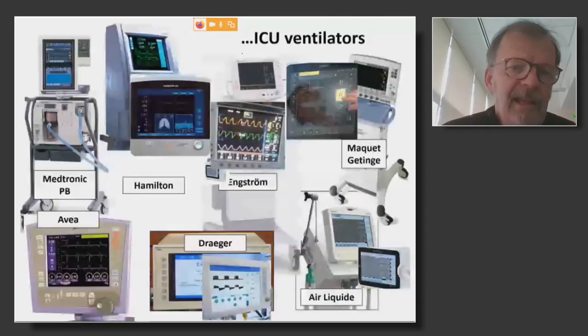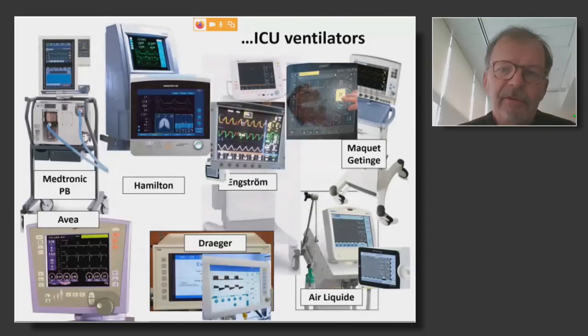The main characteristic of ICU ventilators is that they display waveforms on very visible and intuitive interactive screens. And since we have these screens and we see these waveforms, we have recognized more and more situations where the patient is not synchronous with the ventilator.